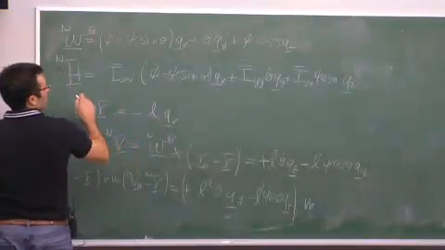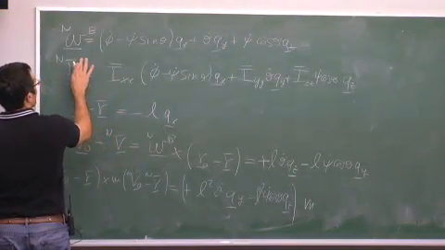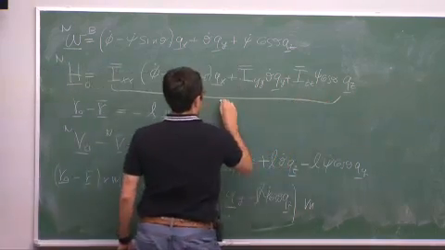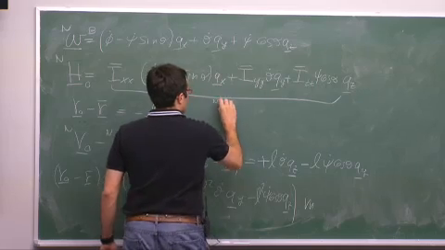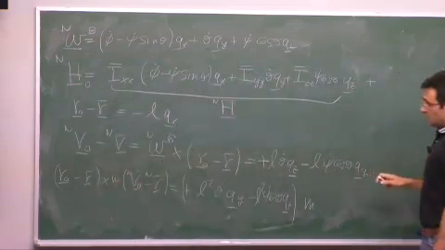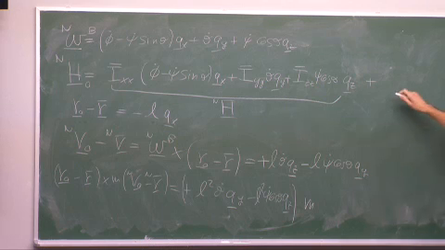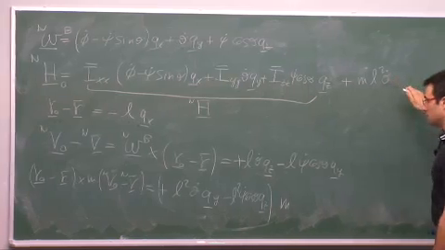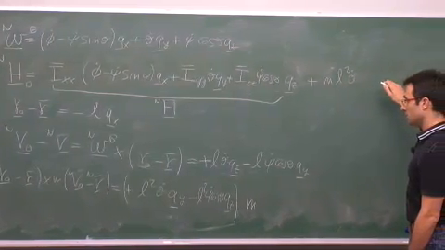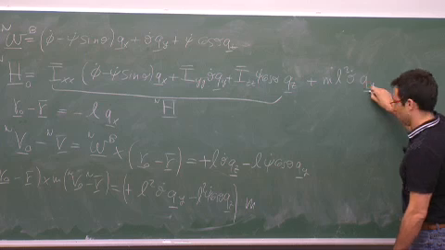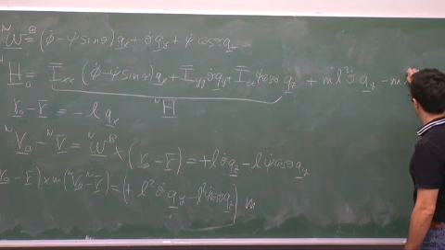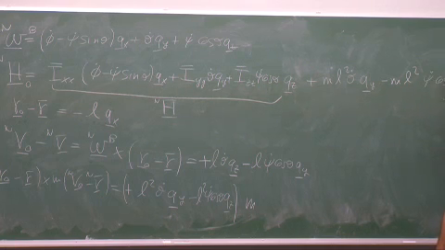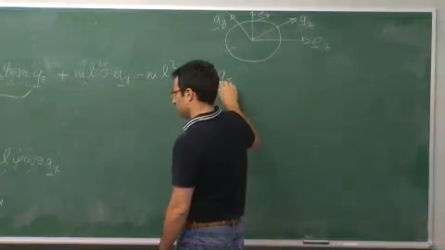HO is this, which was H bar in N, plus this vector down here: M L squared theta dot Qy minus M L squared psi dot cosine of theta Qz.